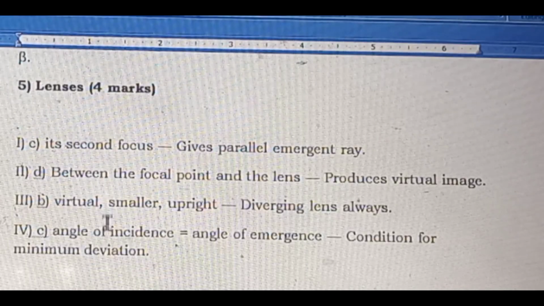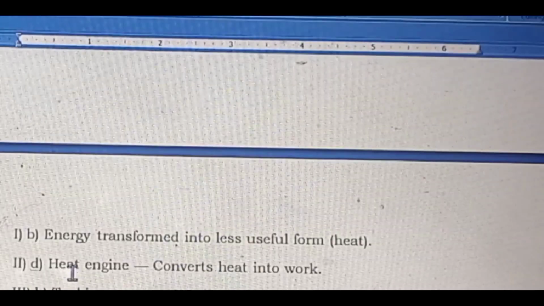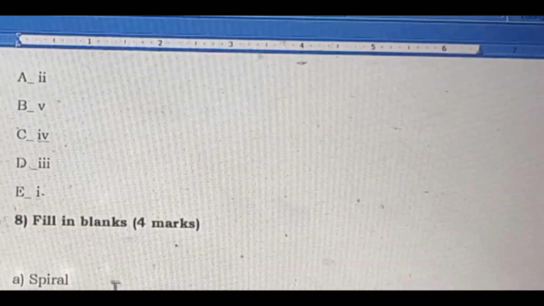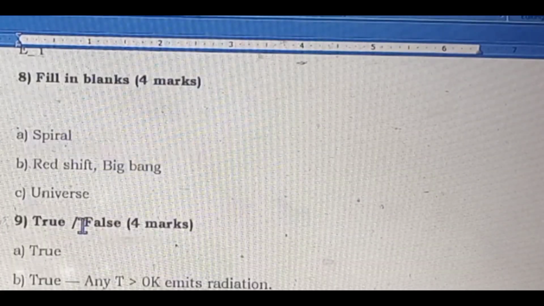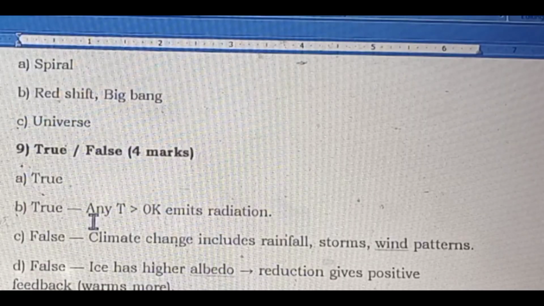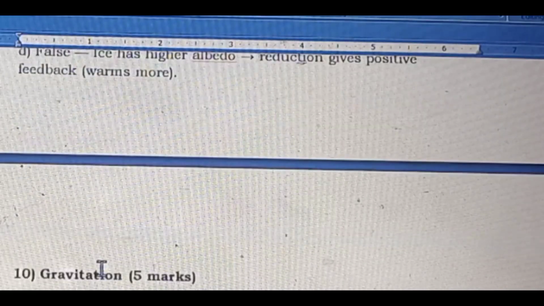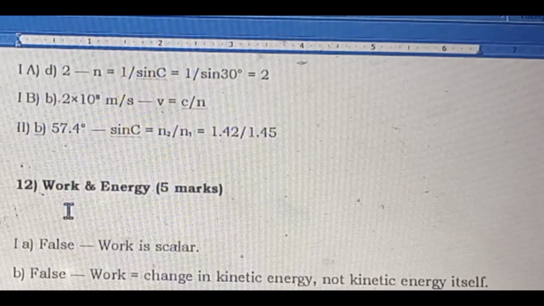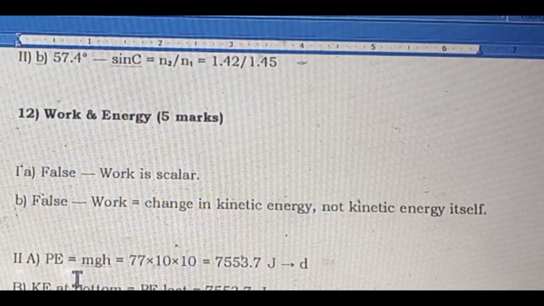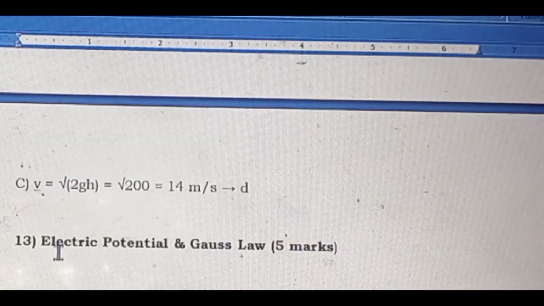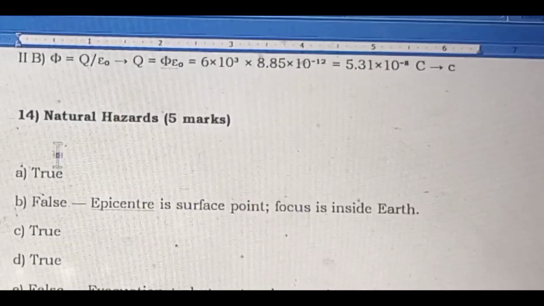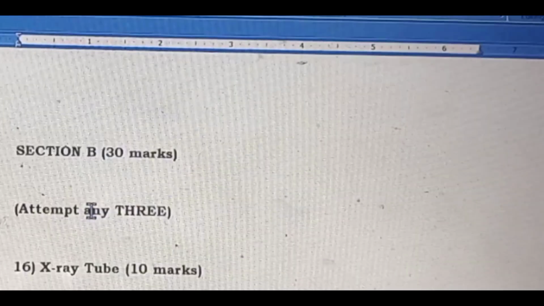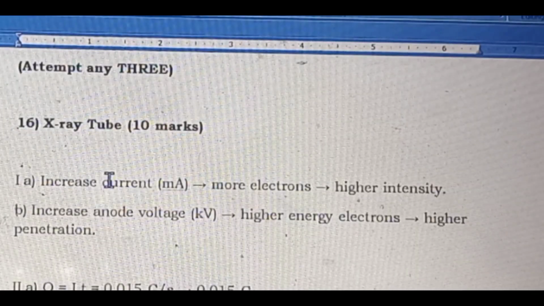Question 5, question 6, question 7, question 8, question 9, question 10, question 11, question 12, question 13, question 14, question 15, and section B.